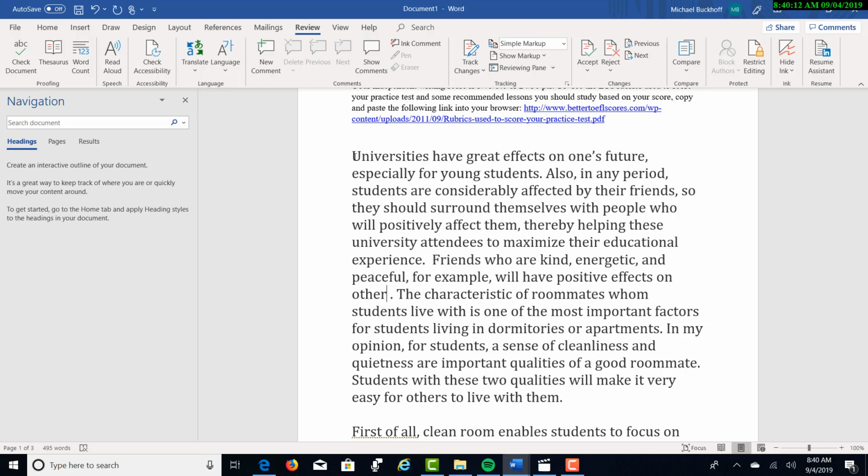The characteristic of roommates whom students live with is one of the most important factors for students. Let's look at this. Let's take the word.